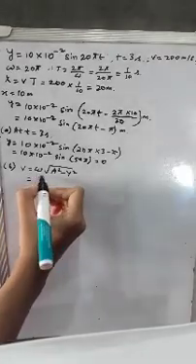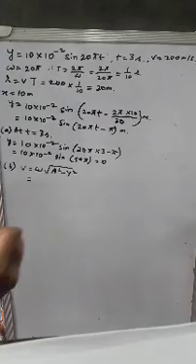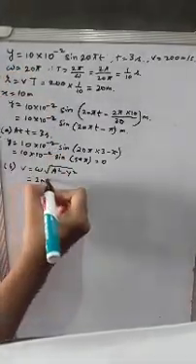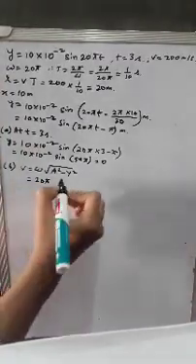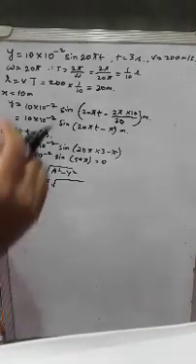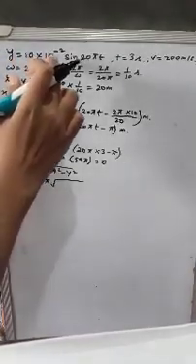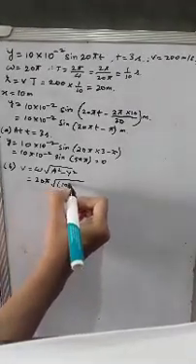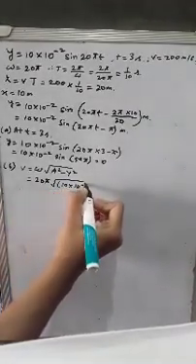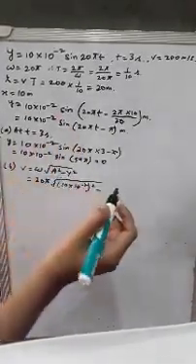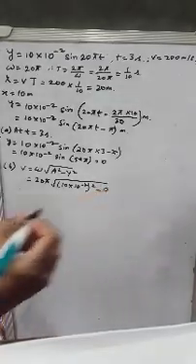Omega is 20 pi. On top I've written omega is 20 pi. Root a square will be what? This one, 10 into 10 to the power minus 2 whole square, minus y's value is 0, so I've written 0.